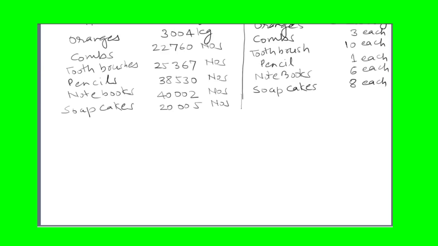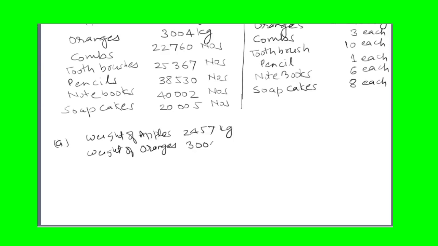So part A: weight of apples, 2,457 kg, plus weight of oranges, which is 3,004 kg. The total weight is 5,461 kg.